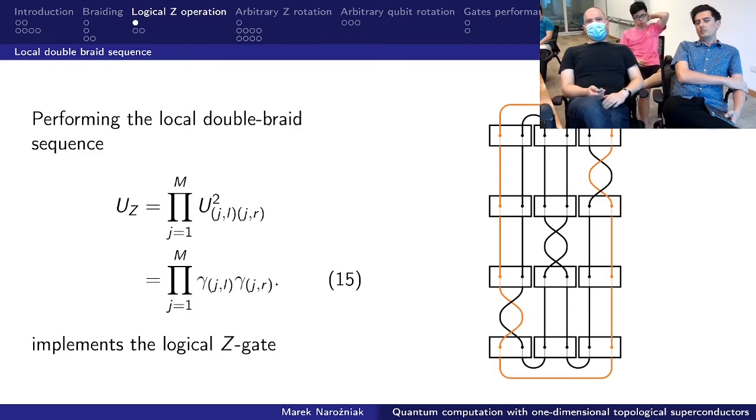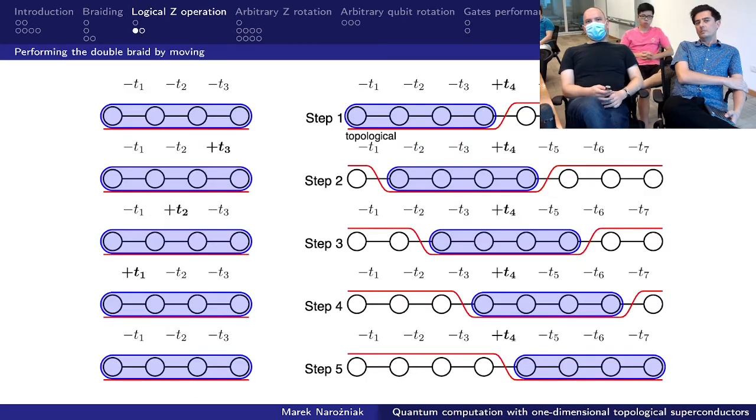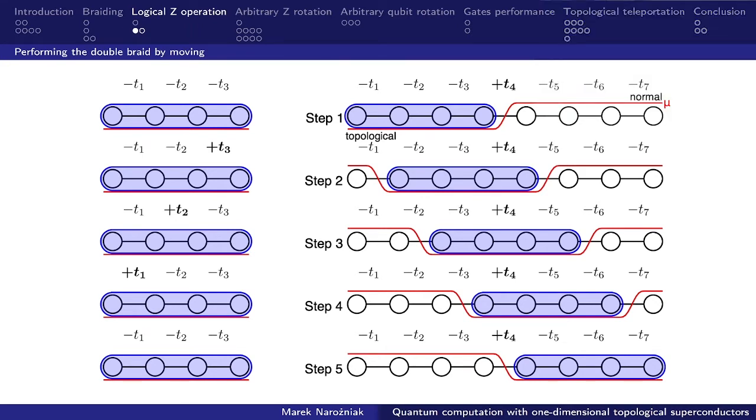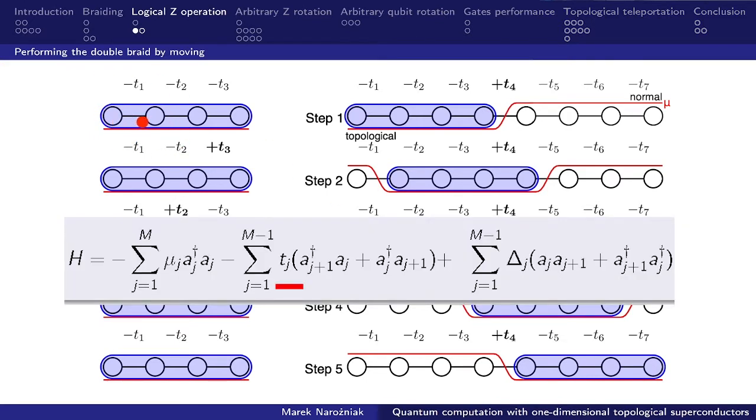Yeah, I see. So I will explain a different kind of notation right now. What you saw previously were the braiding diagrams. Now I will show you the adiabatic transition diagrams. So here the circles are single sites. The lines between circles are couplings.